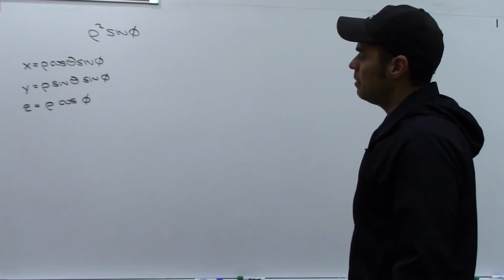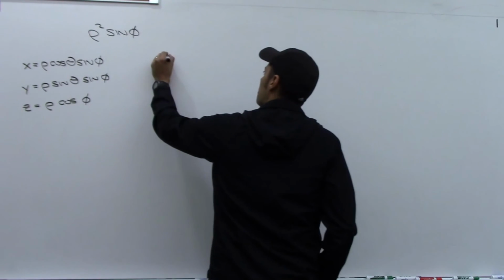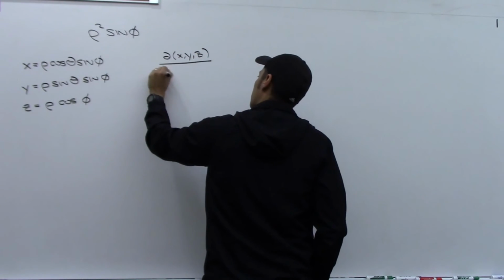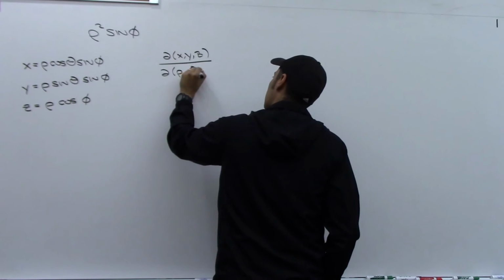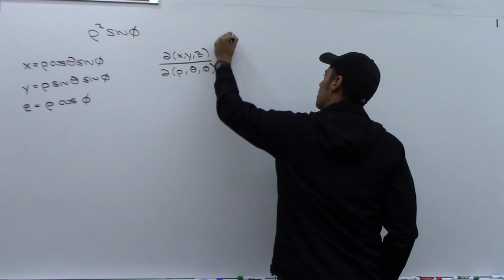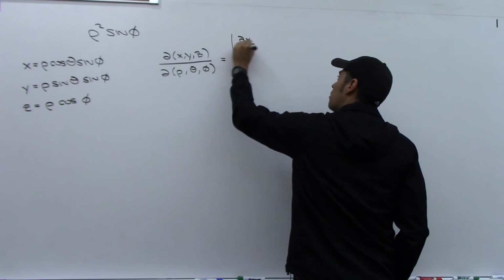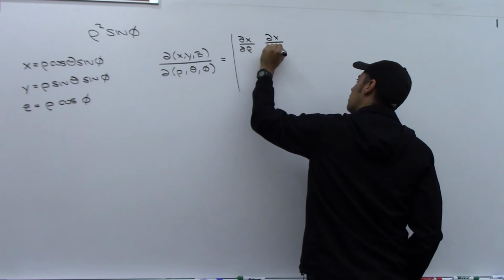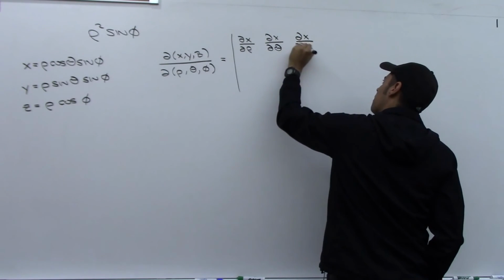So I'm trying to prove to you that this was the Jacobian. The Jacobian, if we're going from x, y, z over to rho theta phi, will be equal to the determinant of partial x with respect to rho, partial x with respect to theta, partial x with respect to phi.